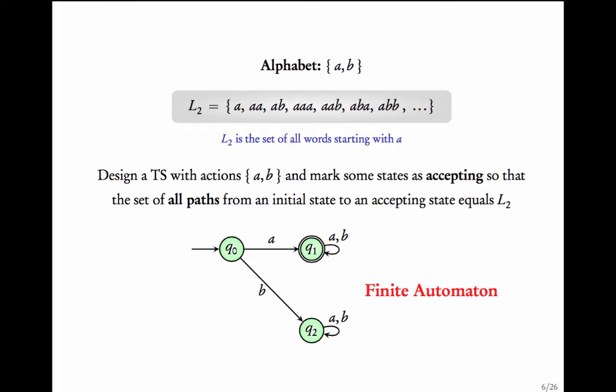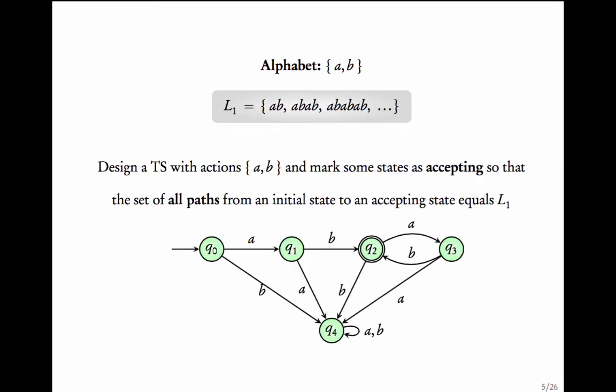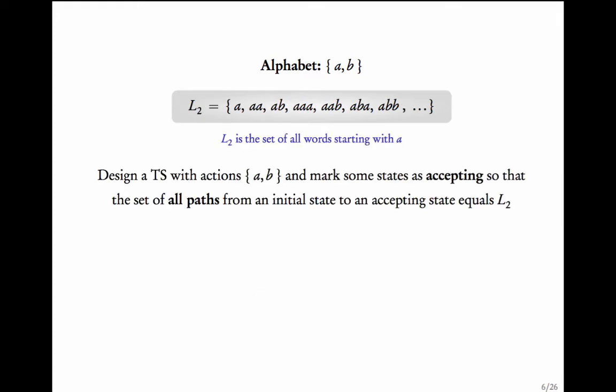This set is what we are interested in. For this automaton, the set of words that it accepts is L2. Similarly, for this automaton, the set of words that it accepts is L1. Okay?